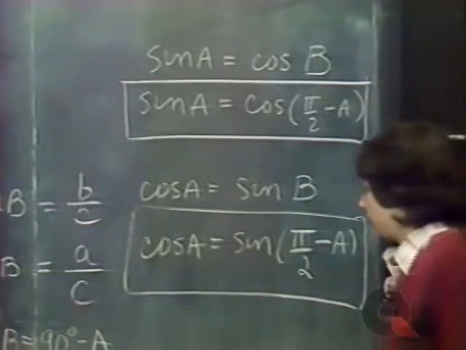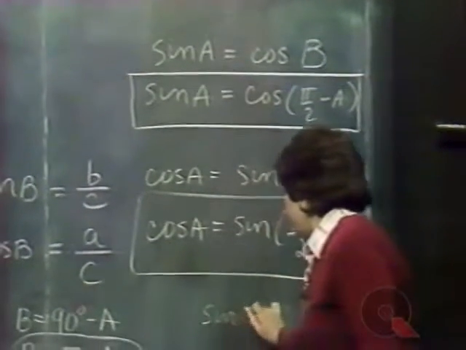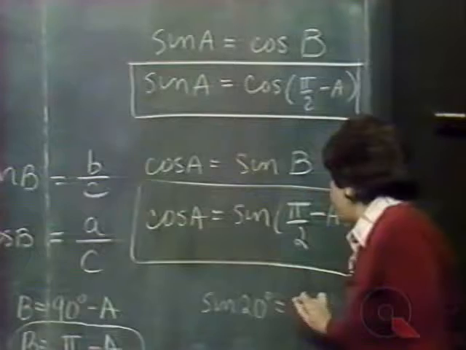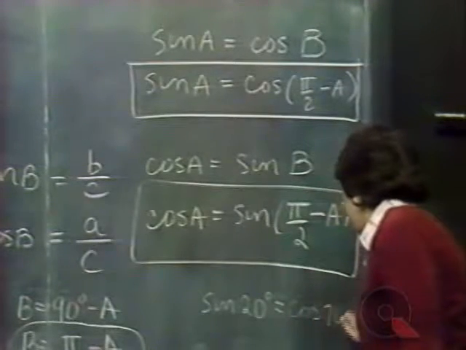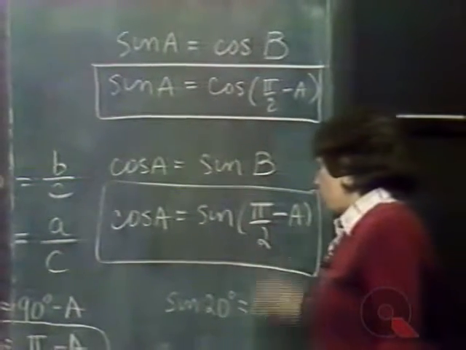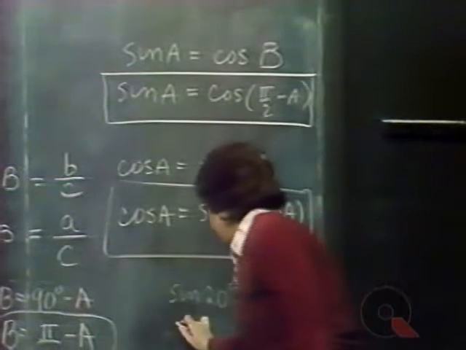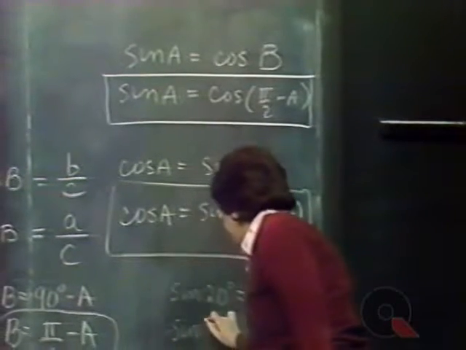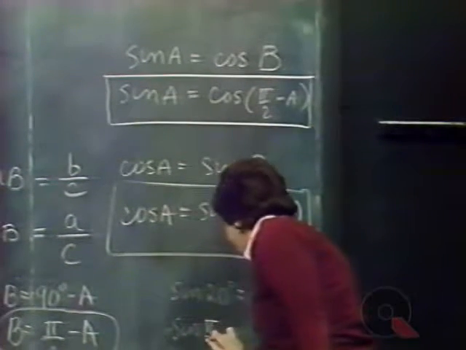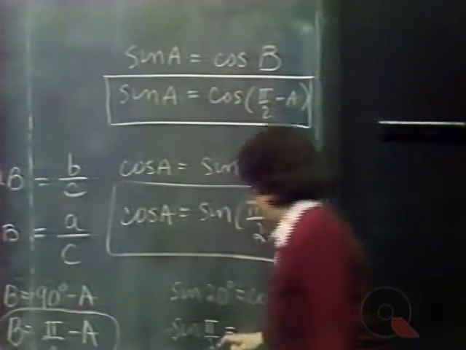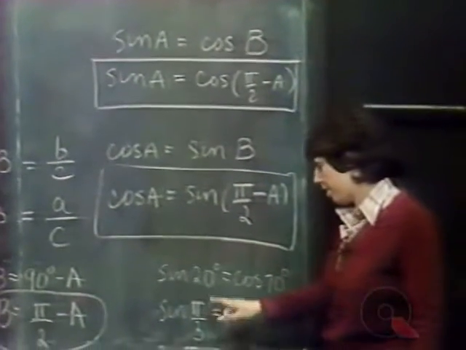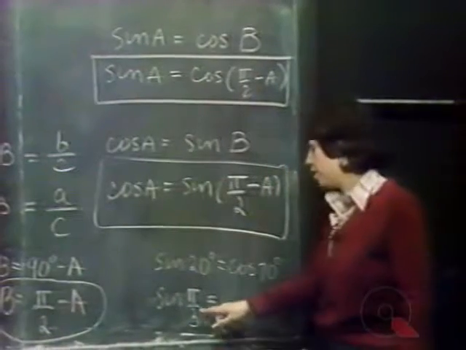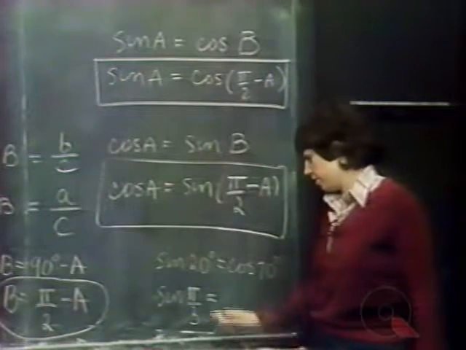So, for example, the sine of 20 degrees is equal to the cosine of 70 degrees, if you're using the degree measure, or the sine of, say, pi over 3. Pi over 3 multiplying by 180 degrees over pi corresponds to a 60-degree angle.